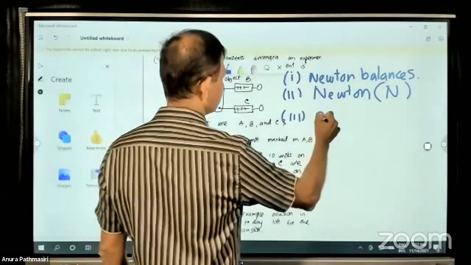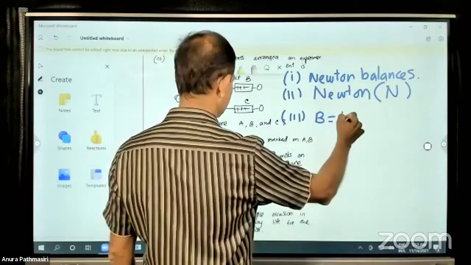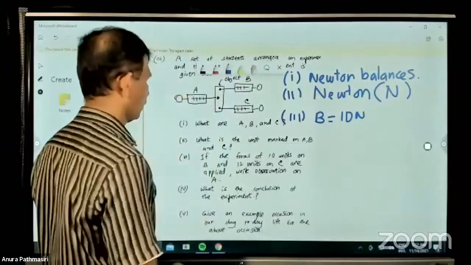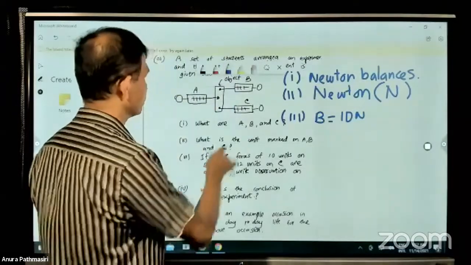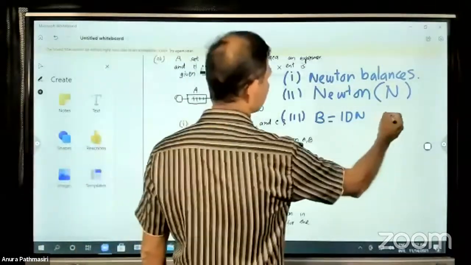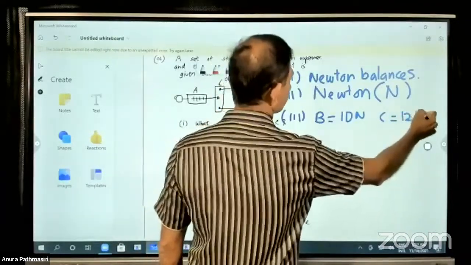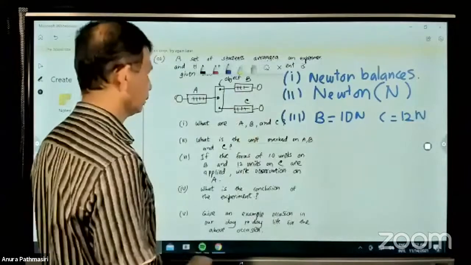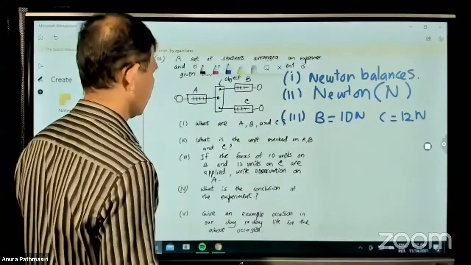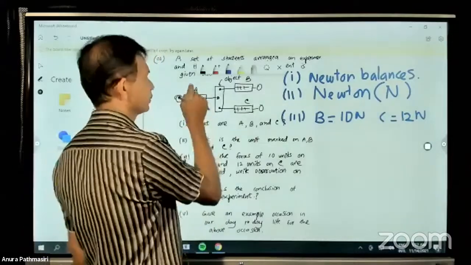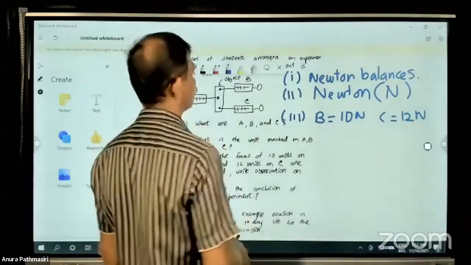B equal 10 units කියලා කියන්නේ Newton, and 12 newtons on C මත දානවා. 12 Newton. දැන් අපි units කීකද යන්න ඕනේ නැහැ. And applied right observation on A, එහෙනම් A ගේ කොච්චරද force?